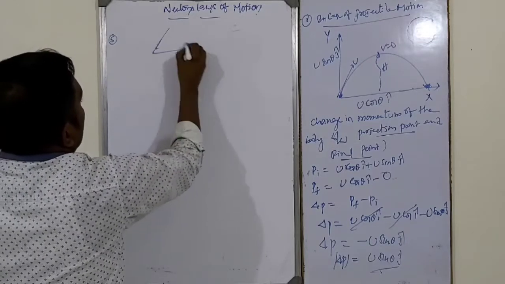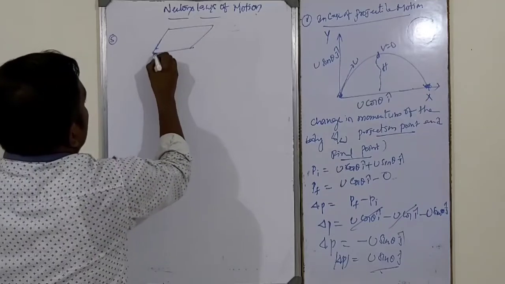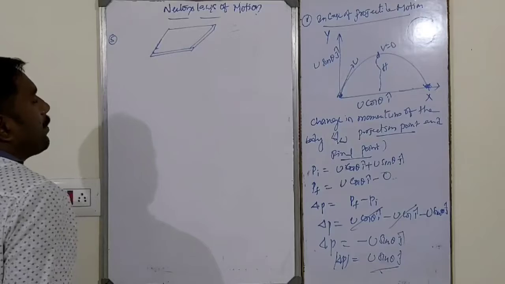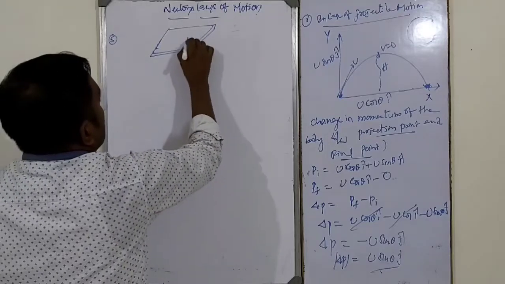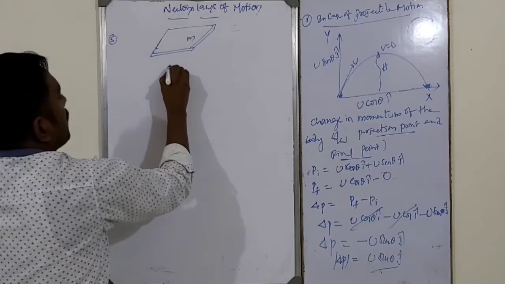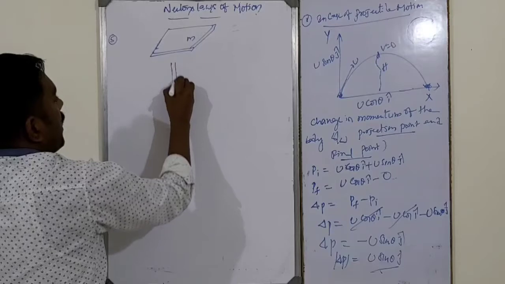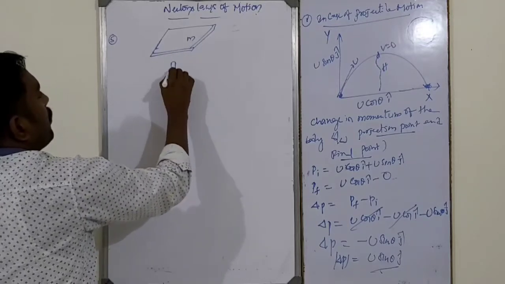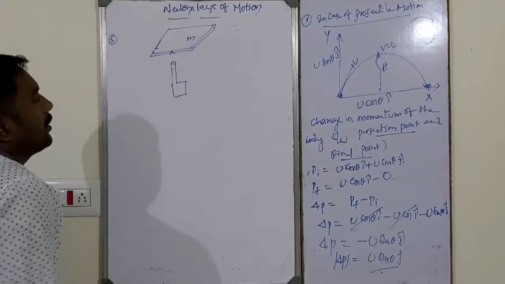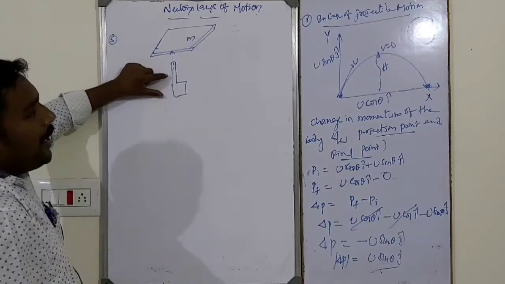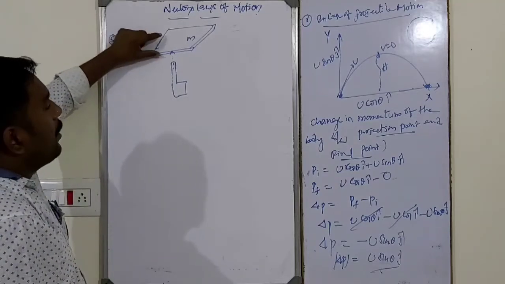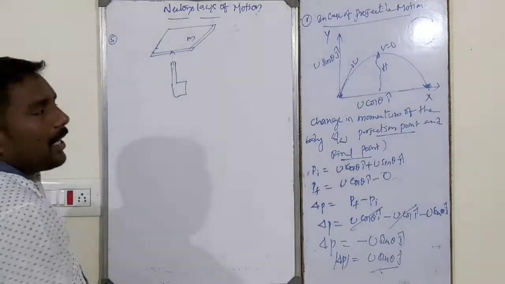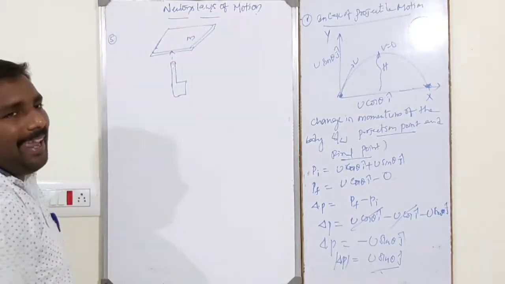This is a metal plate of mass m. This is a small gun, and bullets are fired. Whenever a bullet is fired at the metal plate, the metal plate will be resting in air.